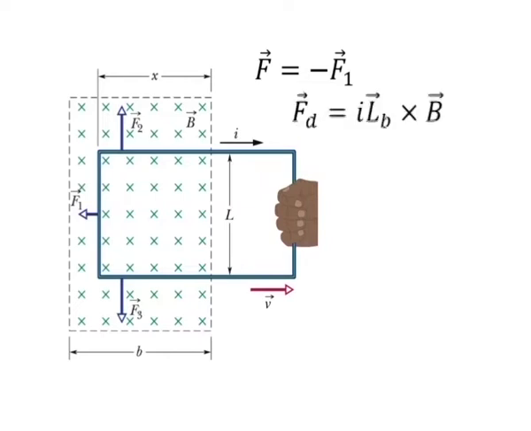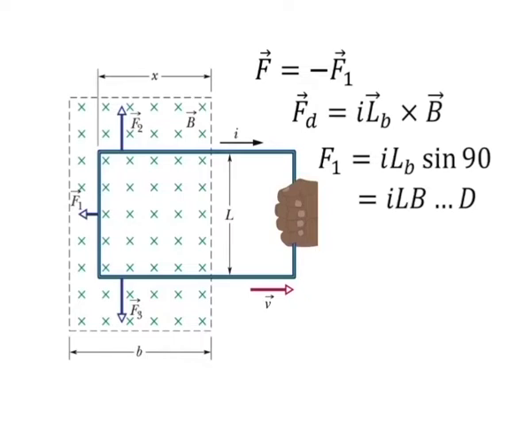Using equation Fd is equal to i L cross B, we obtain the magnitude of the force, and noting that the angle between the magnetic field and the length vector of the left segment is 90 degrees, we write F is equal to F1, which is equal to iLB sin 90, which becomes equal to iLB.